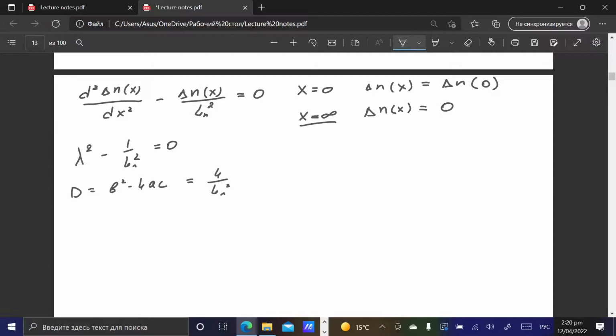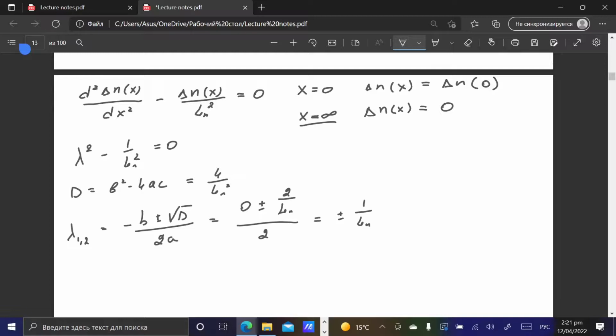Now the solutions of this characteristic equation, lambda 1 and lambda 2, will be, in the general case, minus b plus or minus the square root of the discriminant, divided by 2a. Substituting these values, it will be 0 plus or minus 2 divided by Ln, and divided by 2. So eventually it will be plus or minus 1 over Ln.